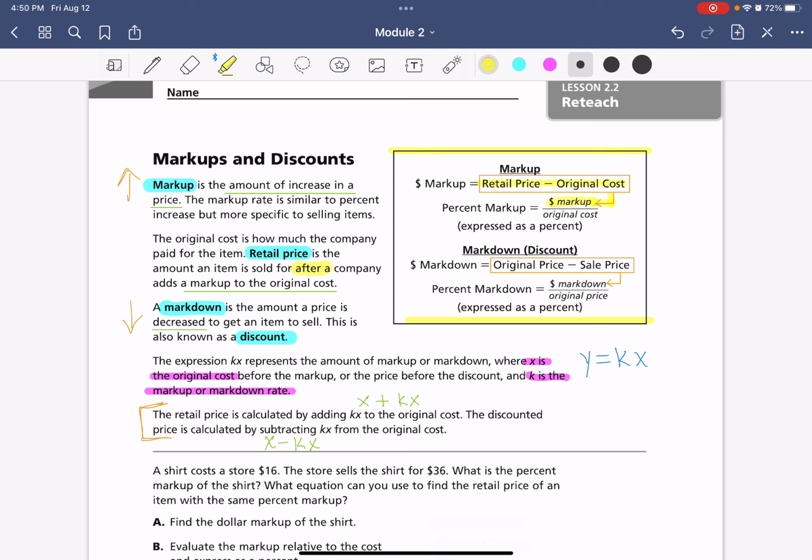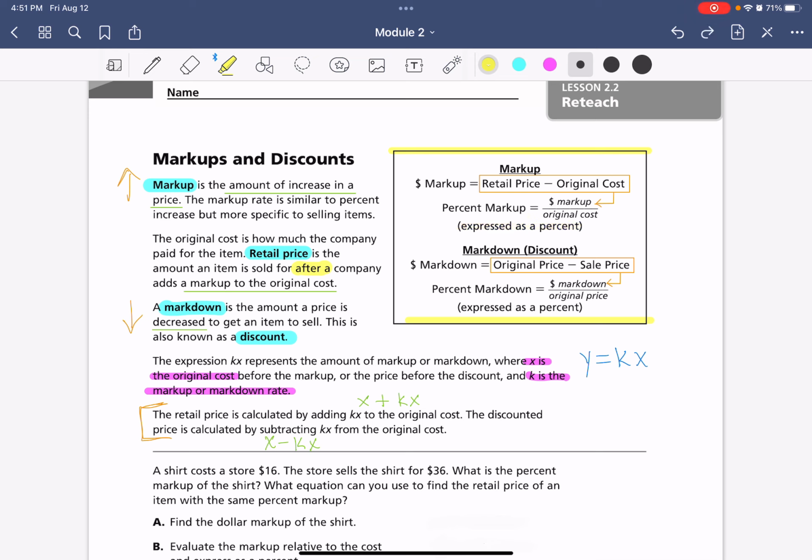So this goes in our numerator. This will most of the time get us a decimal. Just a reminder from the previous lesson that when you have a decimal and you're needing to change it to a percent, you move the decimal over twice. Percent markup is expressed as a percent, so you need to move that decimal over twice to get the correct answer.